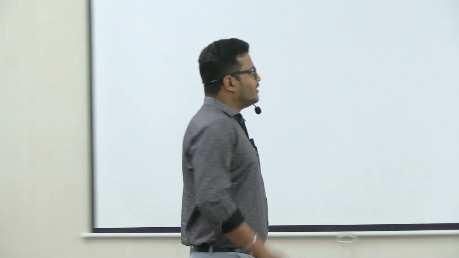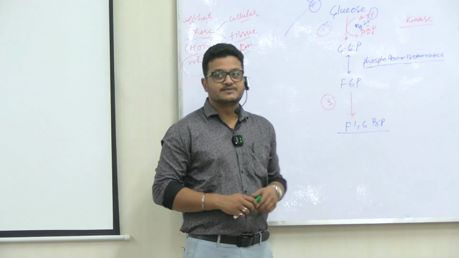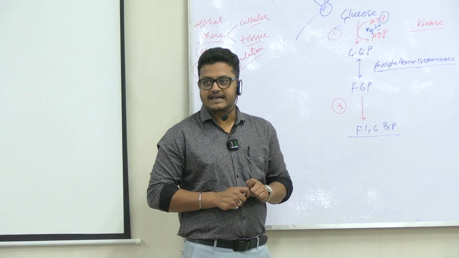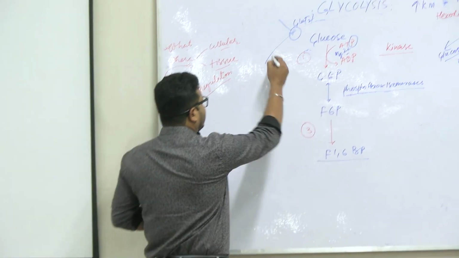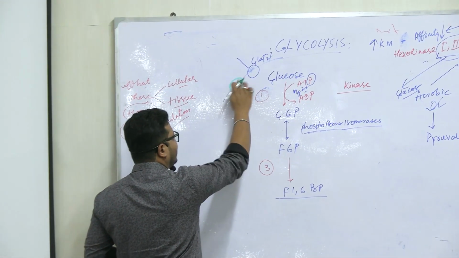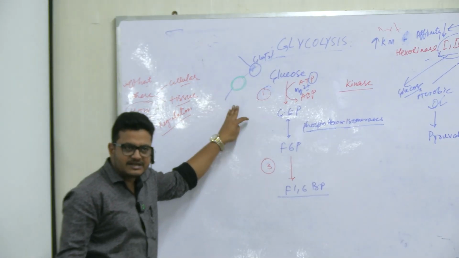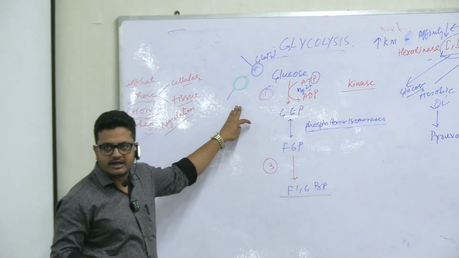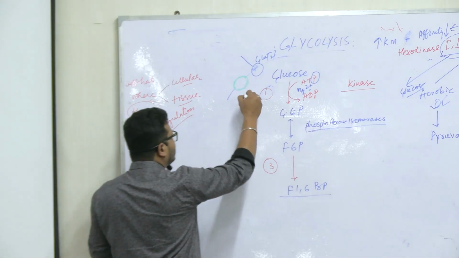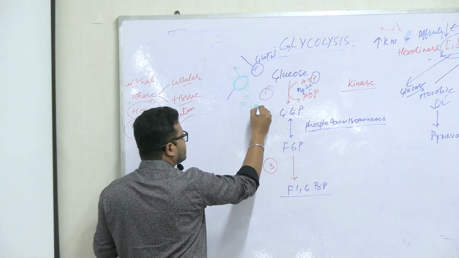Anyone? You know, glucose being a polar molecule, glucose 6-phosphate is more polar. If we talk about the transporters present in the cellular membranes, there is no specific transporter for the import or export of phosphorylated compounds.